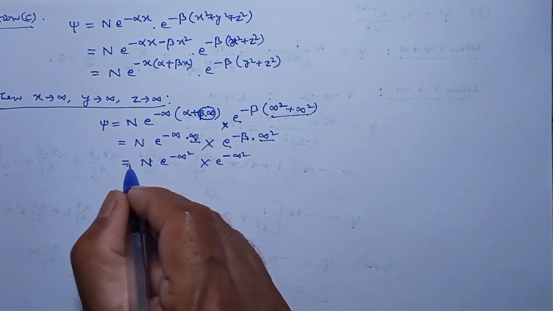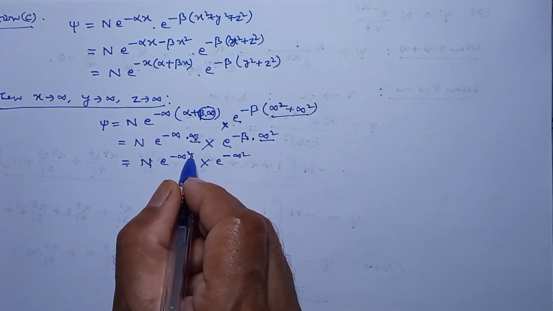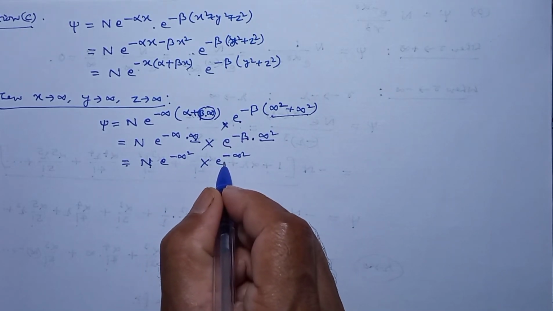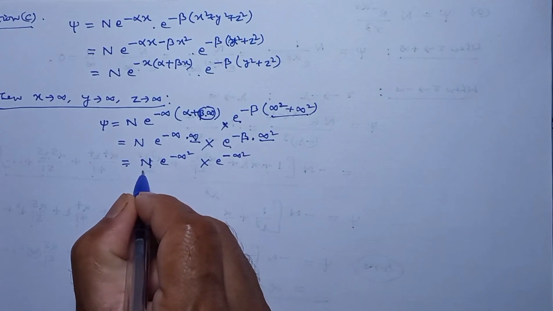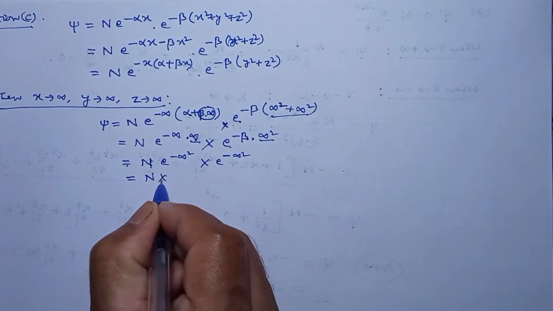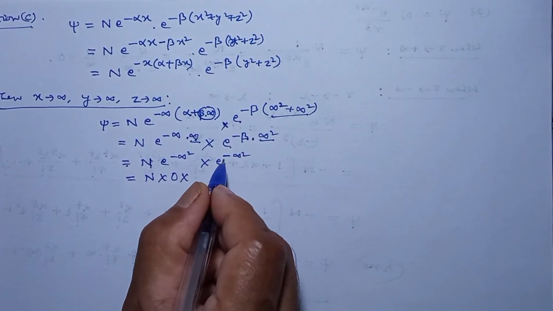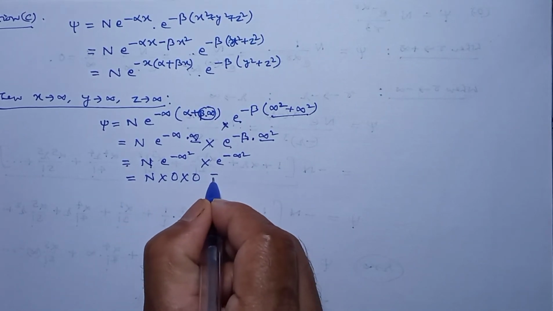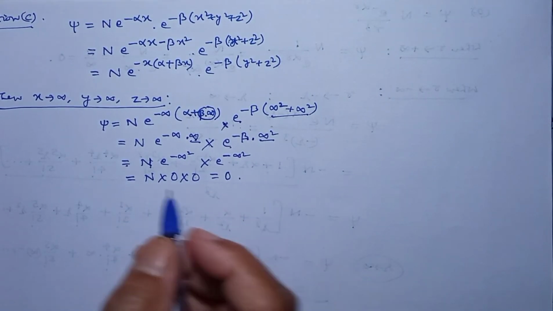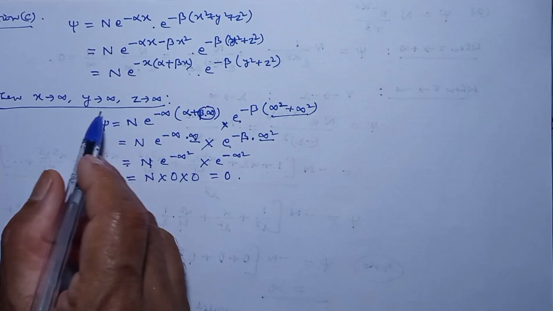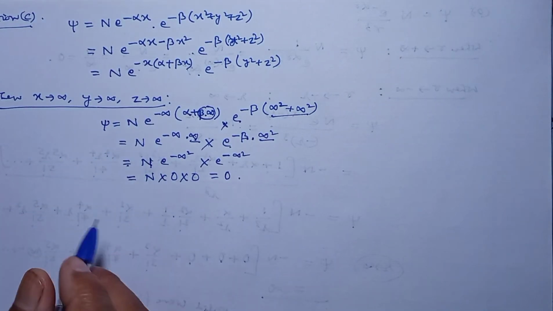Now it is N times e raised to minus infinity square times e raised to minus infinity square. So this is N, this is 0 and this is again 0. So the output is 0 when x, y and z tend to infinity.